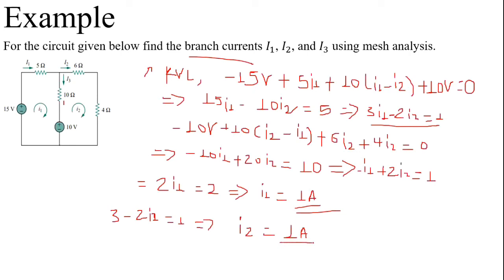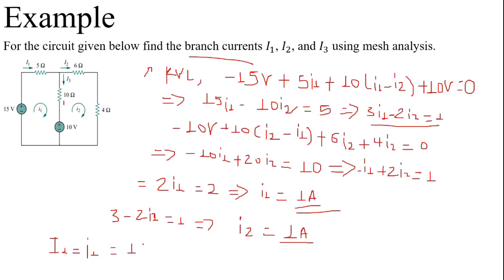So now we can simply find the branch currents, which are I1, I2, and I3, just by using what? These mesh currents. So I1 can be obtained as, okay, this branch current I1 is equal with what? The mesh current I1. So we can have what? 1 ampere.